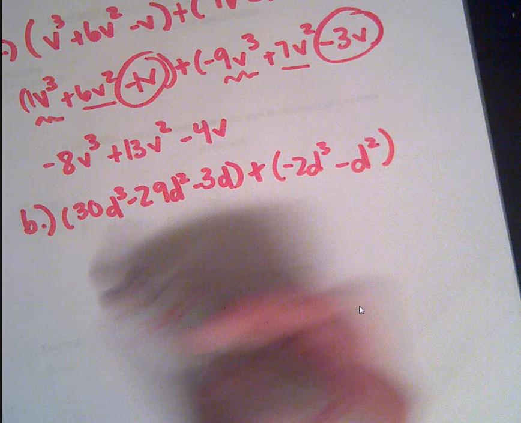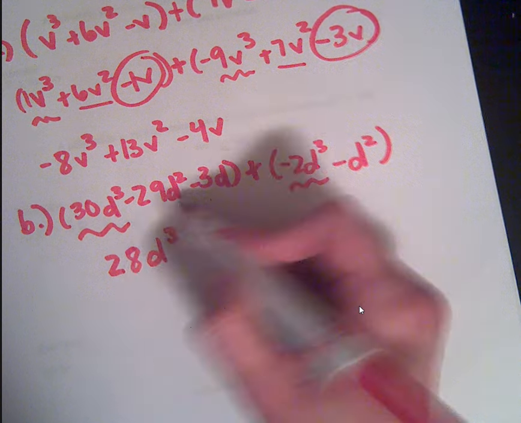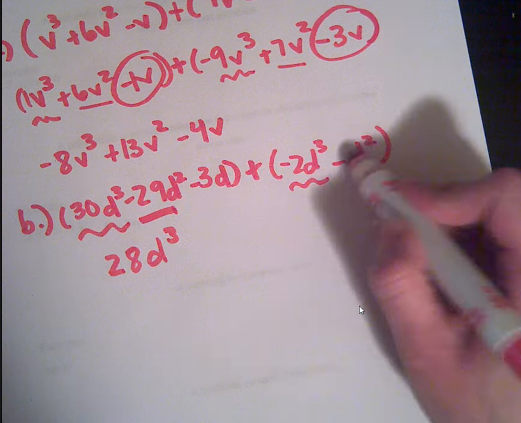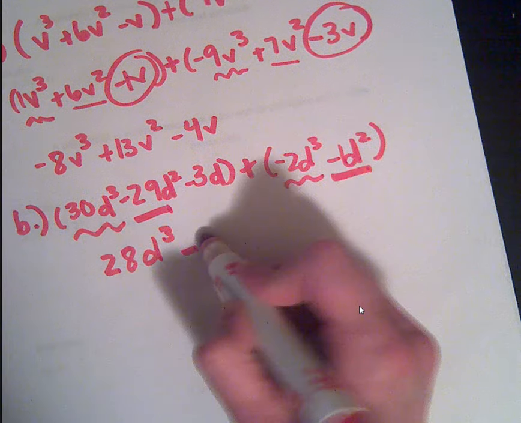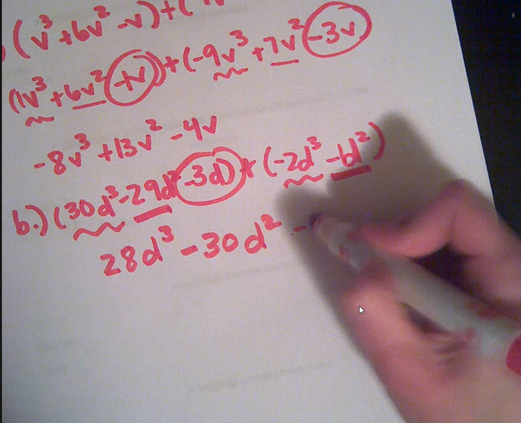So I look for my like terms. 30d to the third and negative 2d to the third give 28d to the third. I have negative 29d squared and a negative 1d squared, so that's negative 30d squared. And then that negative 3d is by itself. It's just hanging out.